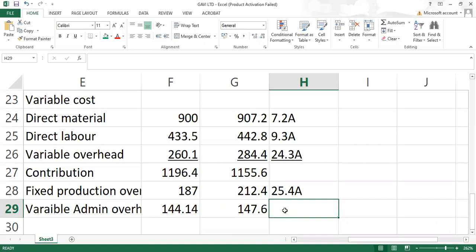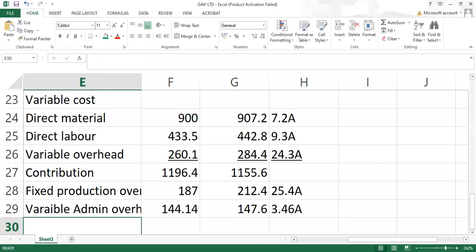By how much? 3.46. Adverse. Is it adverse? Yep. Okay.